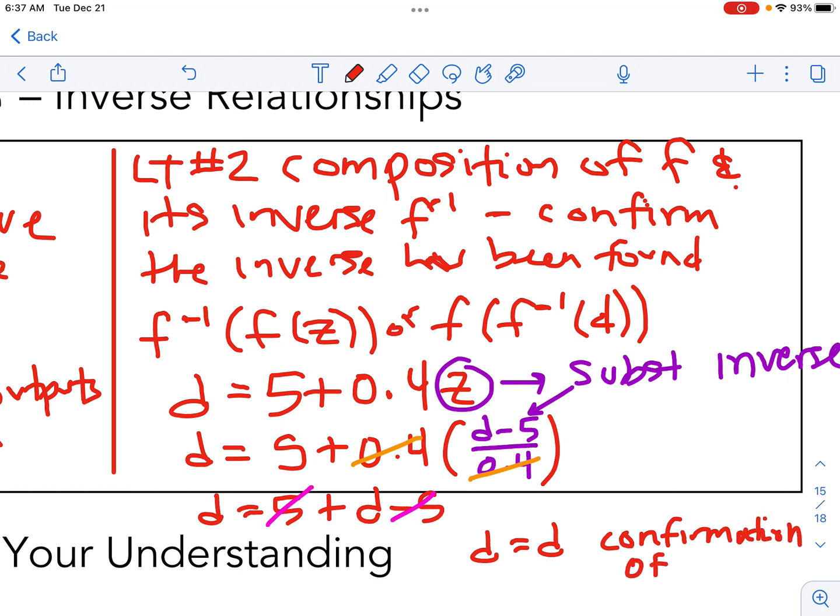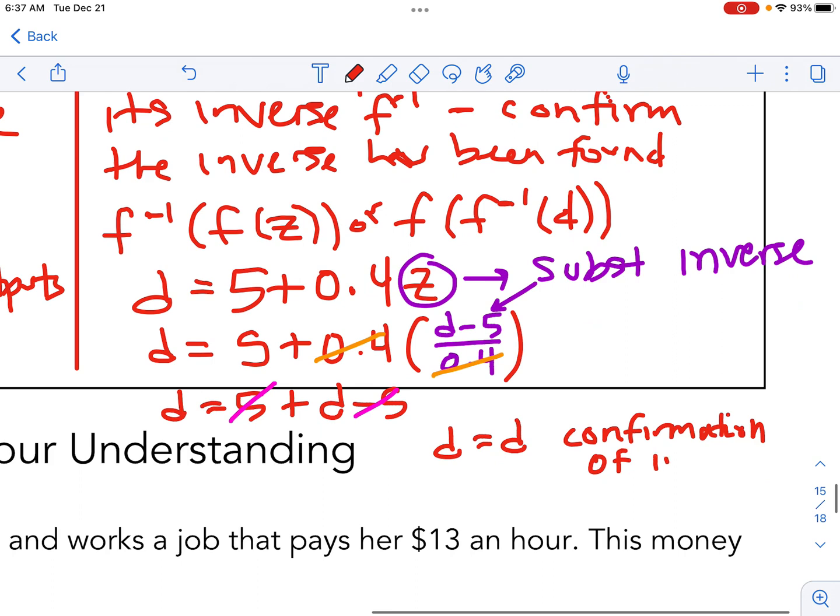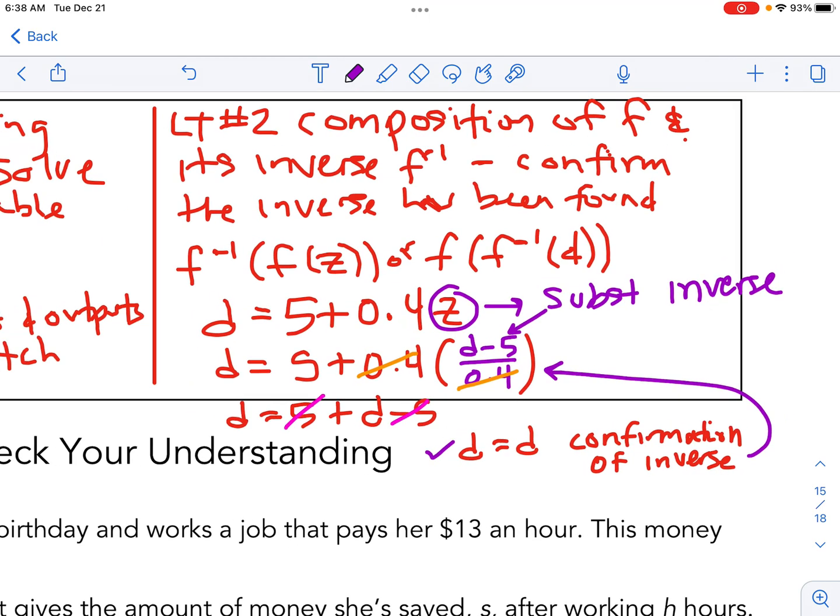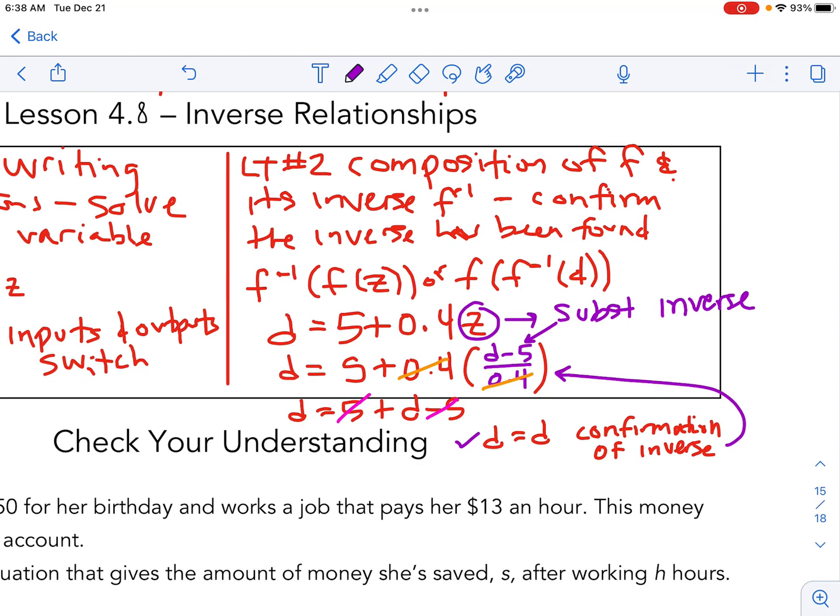So this is my confirmation of the inverse. I'm confirming that that actually is the inverse, because I got d equals d.